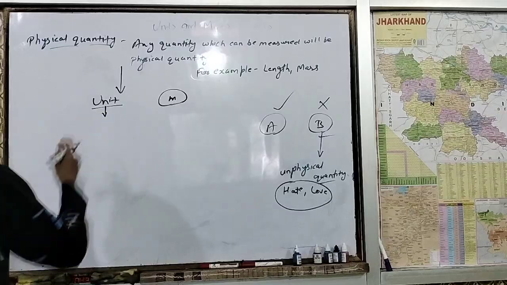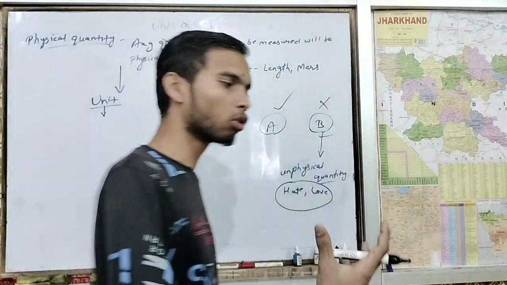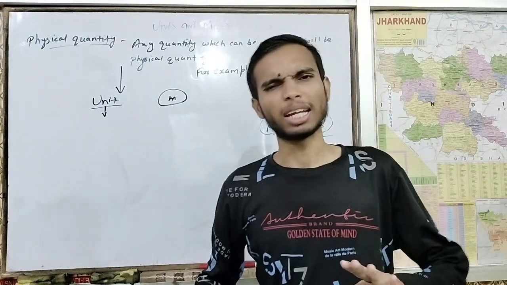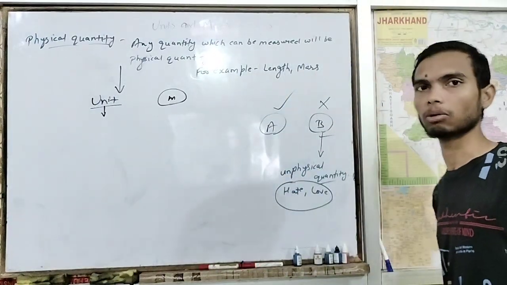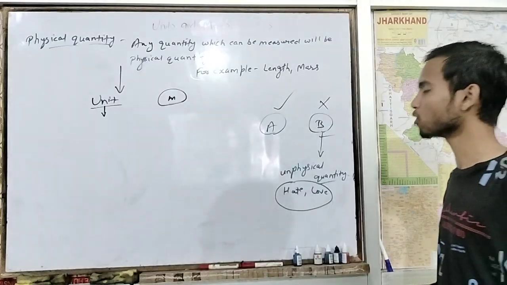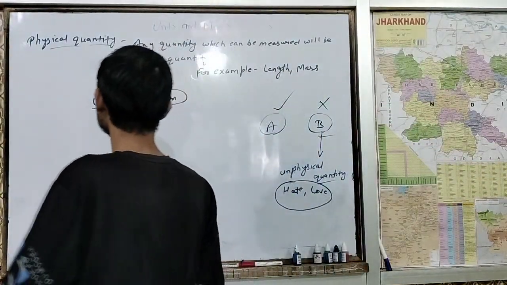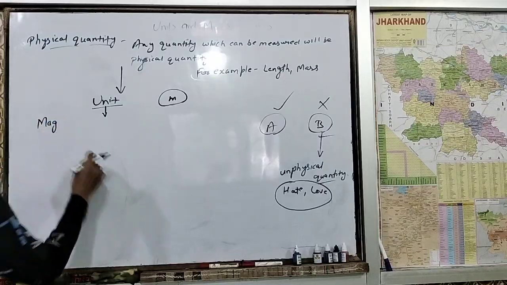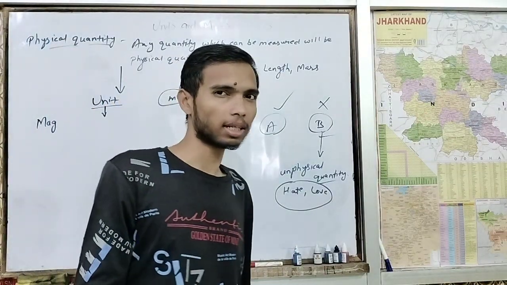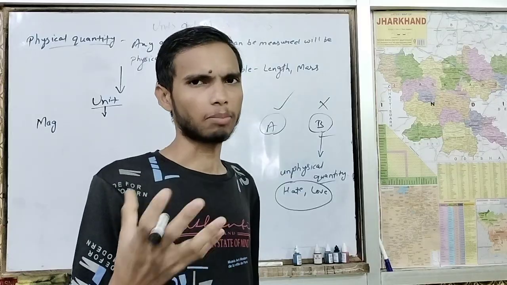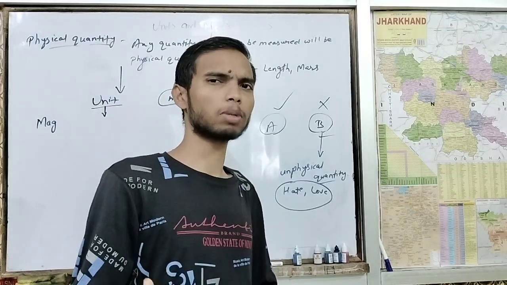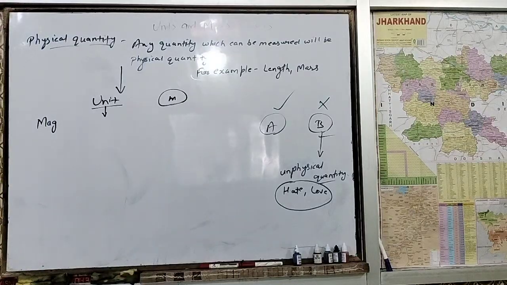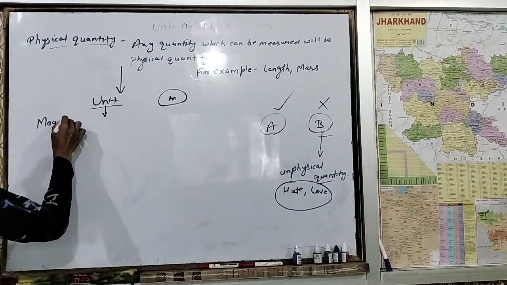We have a lot of topics regarding this unit and this physical quantity. Don't worry, we will explain in detail. Next, magnitude. I am explaining a little so that your basics can be complete, not too much, just a little bit of basics.